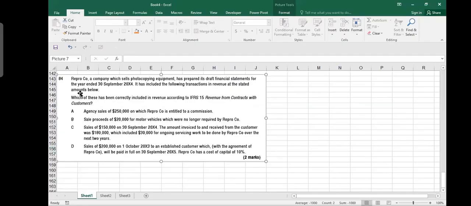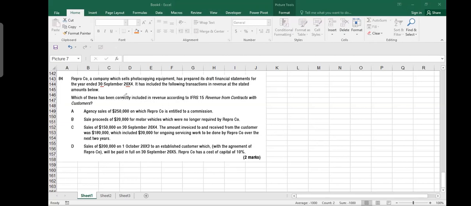Okay, number 84. Repro Company, a company which sells photocopy equipment, has prepared its draft financial statements for the year ended 30th September 2004. It has included the following transactions in revenue at the stated amounts below.